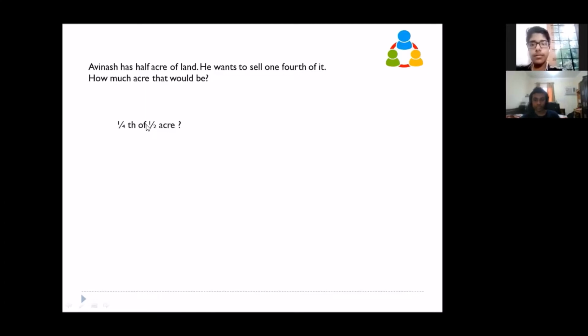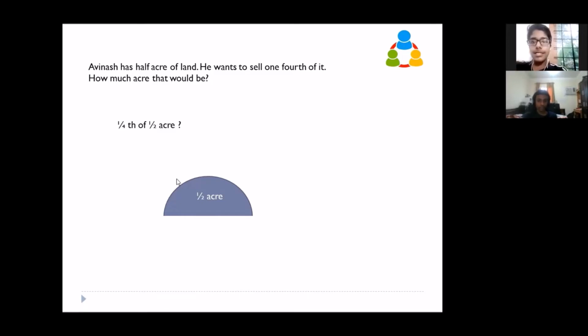So till now we were talking about what is 1/4, what is meant by 3/4, what is meant by 7/4, all those things. Now we are telling what is 1/4 of 1/2. Right? So if you see pictorially, if this is half acre, what will be 1/4 of this?